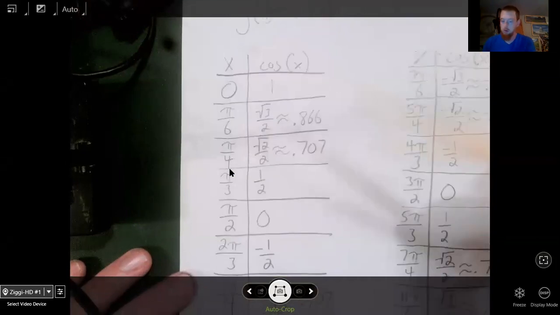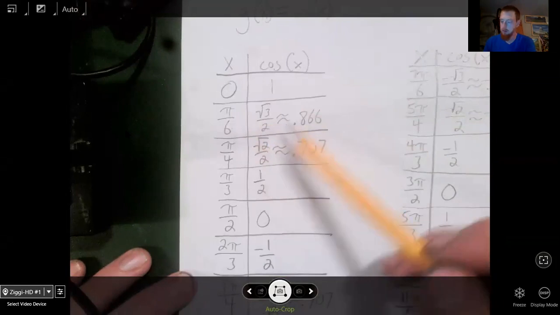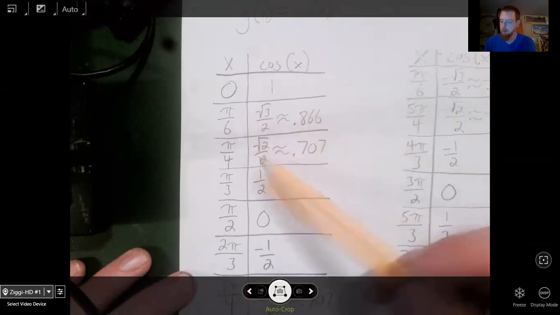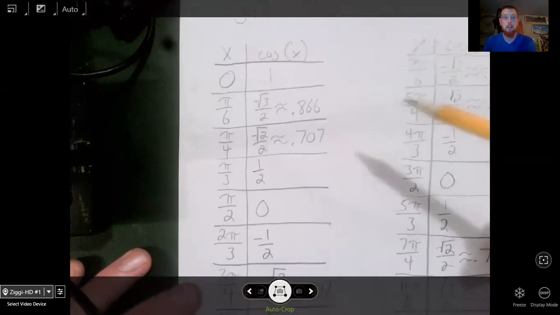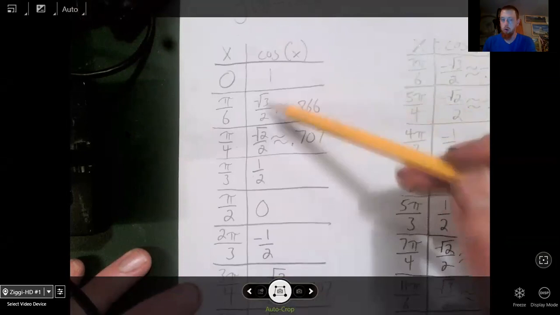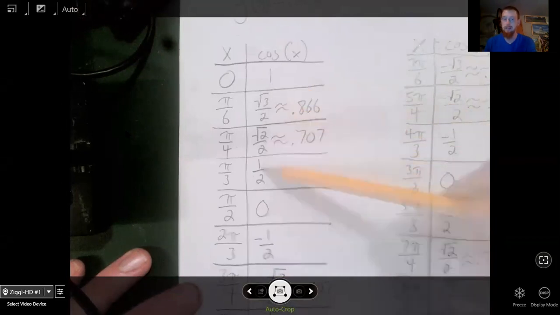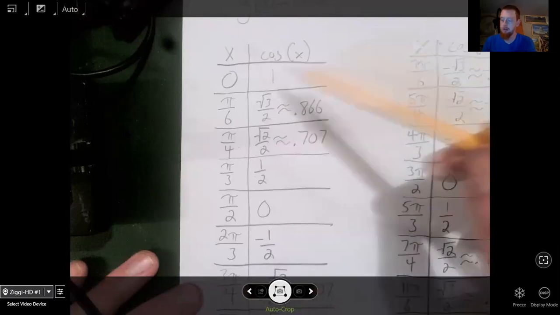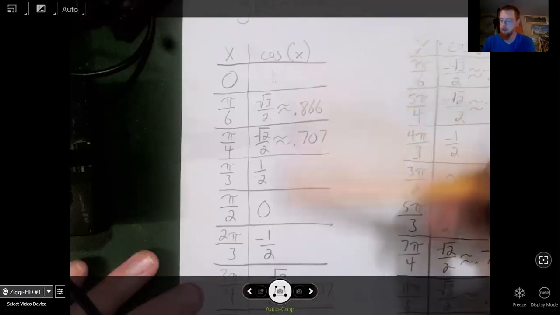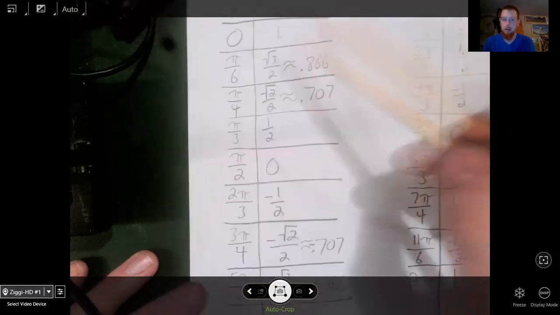Here are some different unit circle values. Cosine of pi over 6 is √3/2. Cosine of pi over 4 is √2/2. Cosine of pi over 3 is 1/2. So similarly to the sine function, we're rotating through these values, √3/2, √2/2, and 1/2. Differently than the sine function, remember, sine started at 0, 0, and then went up. Cosine of x is going to start at 0, 1, and then fall down. So we've got our maximum value here.